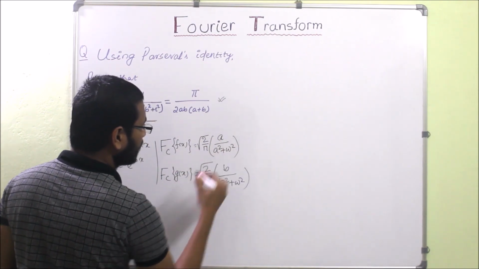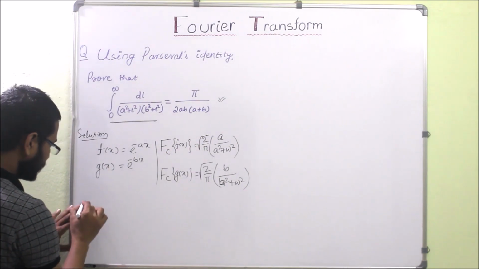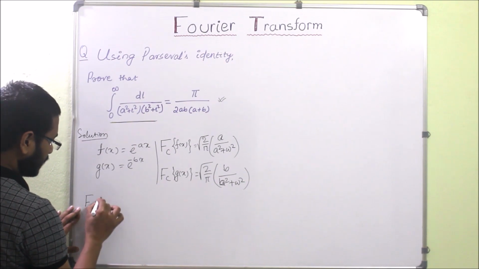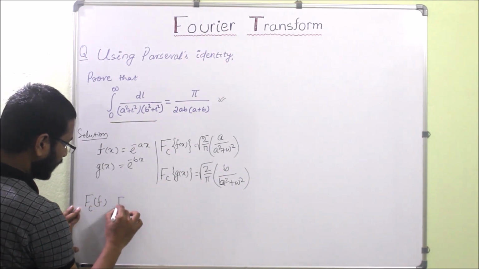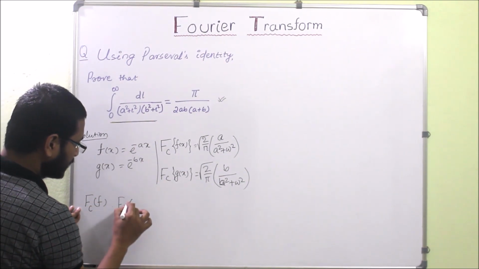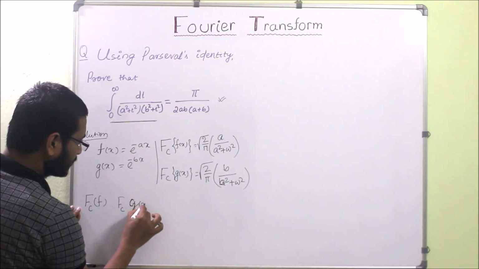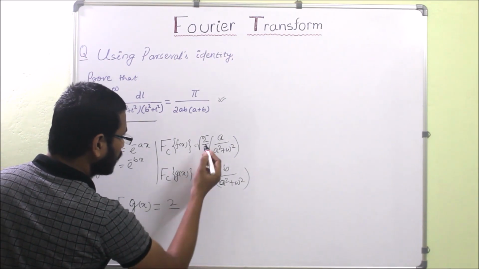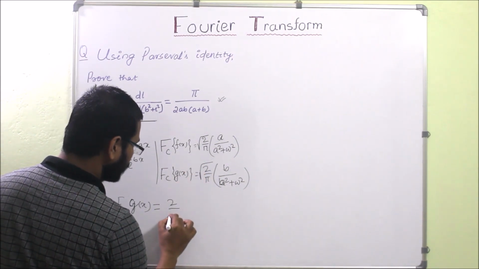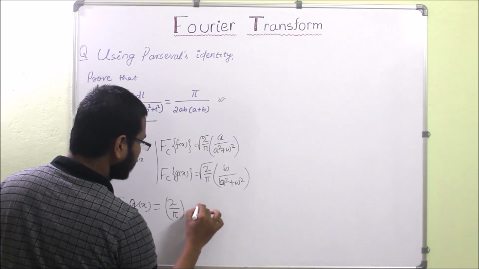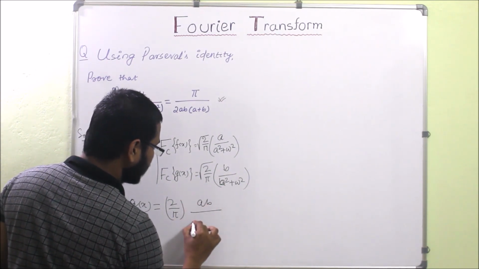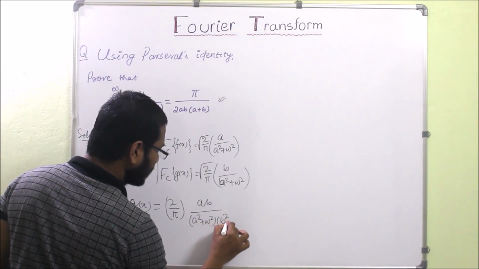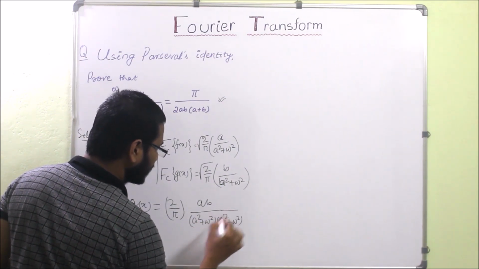Now if I multiply these two, Fc of f into Fc of g, this equals 2 by pi into ab divided by (a square plus w square) into (b square plus w square).